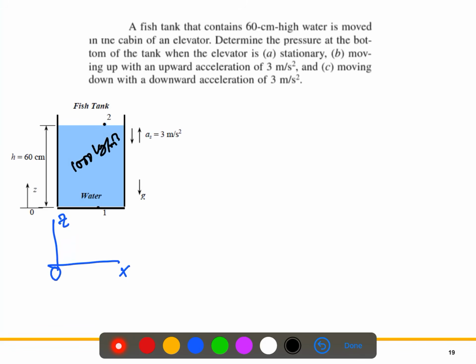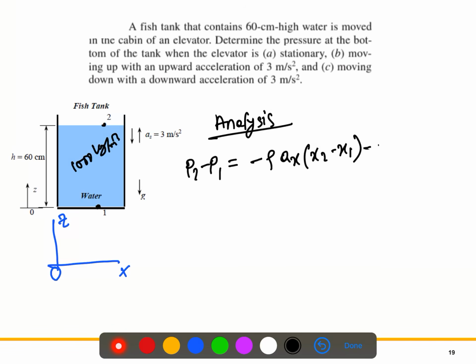Here we need to calculate the pressure. So from the theories, we already know the pressure difference between 2 points. We already discussed it, so I'm not going to show you here again. We know, I'm writing the final term. It is the density and the acceleration ax into x2 minus x1, minus rho times g plus az into z2 minus z1.